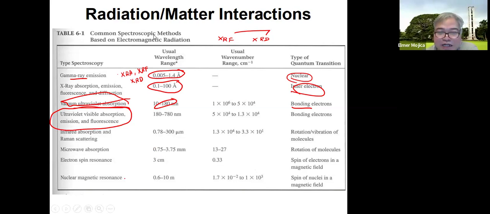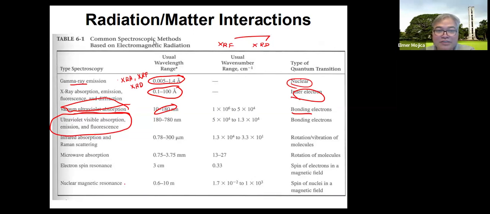What do you think came out? I'm trying to see if we can share it. So I'll try to share what came out in my search, the word cloud. So this is the word cloud that came out.